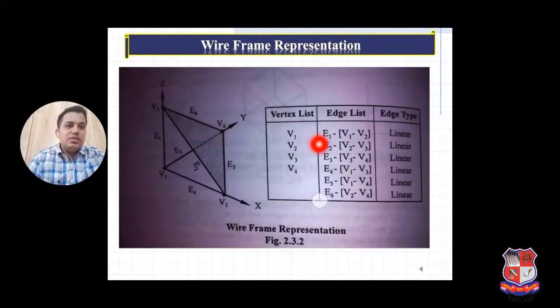When I connect point v1 to v2, it gives one element, or we can say one edge, from one point to another point. It starts from v1 to v2, and it is in linear form. Here all forms are linear, because we are preparing one plane or one square. So this is one simple representation of wireframe modeling of a simple rectangle, or we can say one plane.